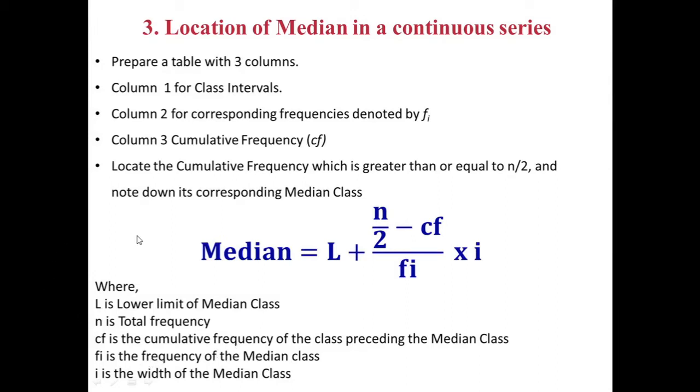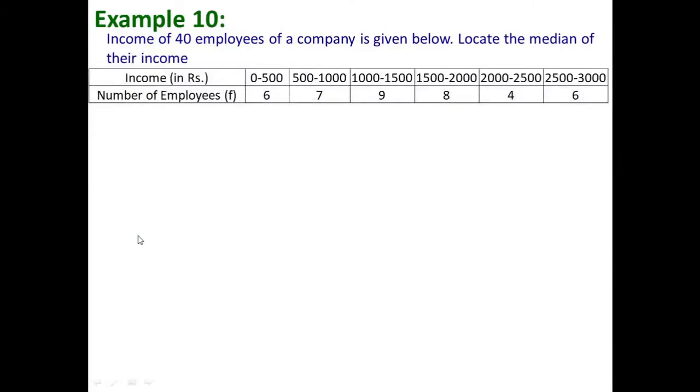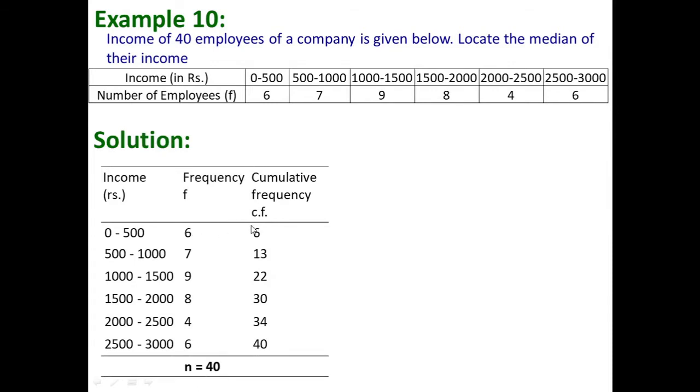Now let's understand with this example where we have the income of 40 employees of a company, and we have to locate the median of their income. First we have to make a cumulative frequency table.